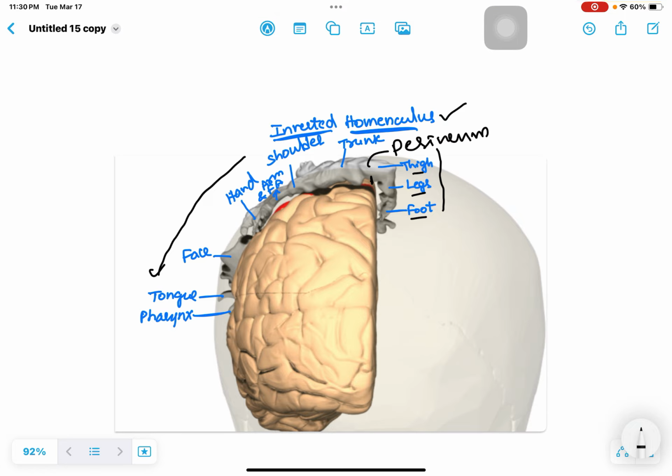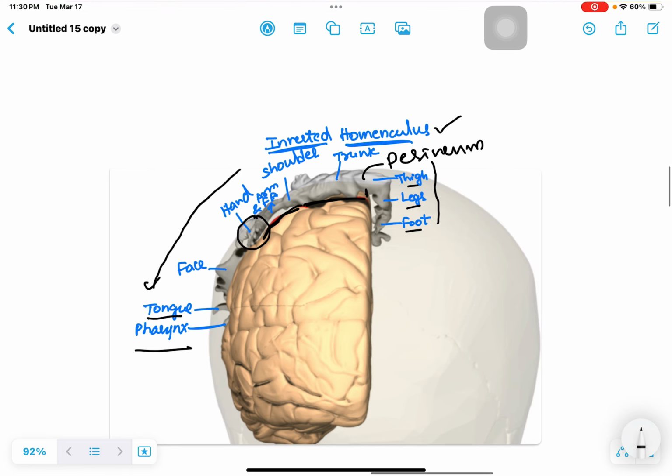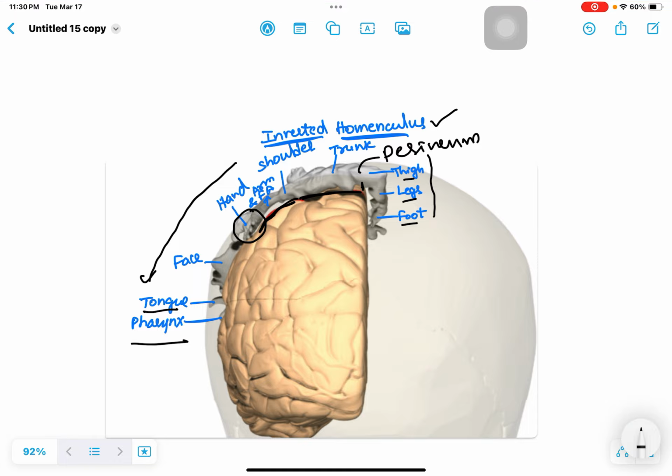On the upper part of the precentral gyrus you will see the trunk, and next comes the upper limb with very large representation of the hand, and then comes the face, tongue and pharynx. The pharynx is represented lowest, and the lower limb is represented on the medial side. So this is the inverted homunculus representation.